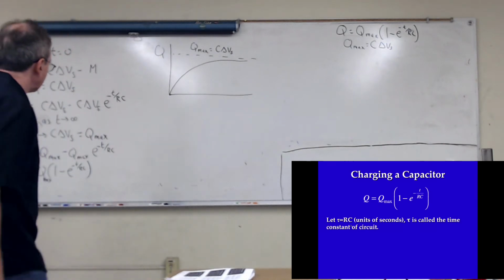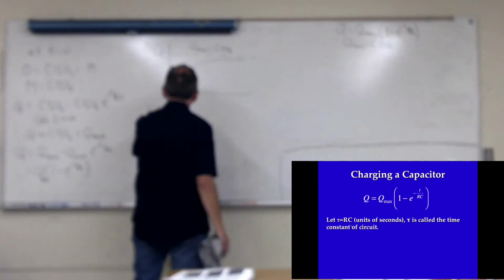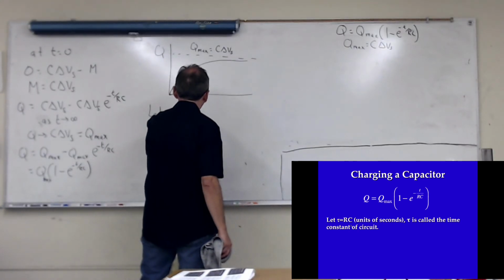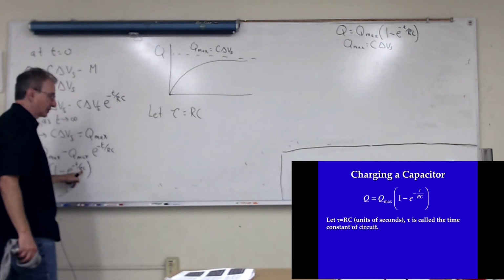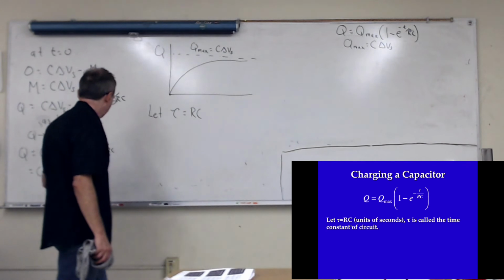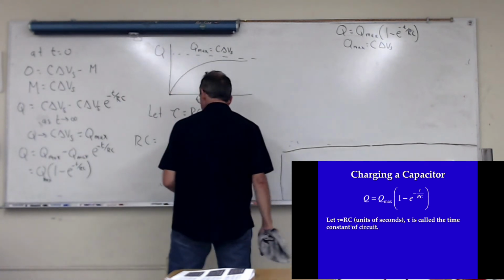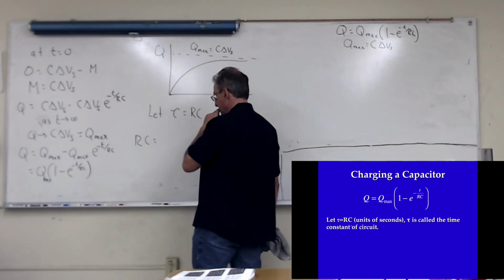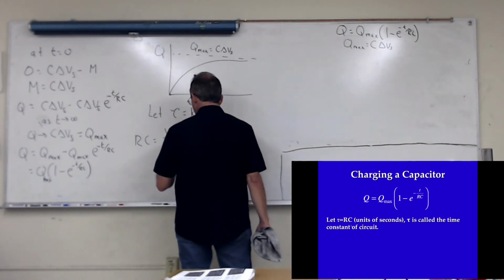Now, a lot of times we say let tau equals R times C. Because if you look at the units of R times C, an ohm is a volt per amp.